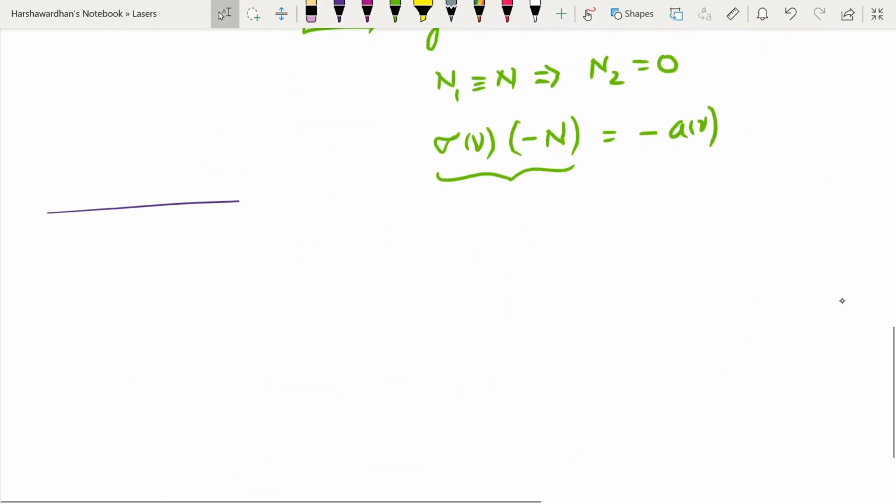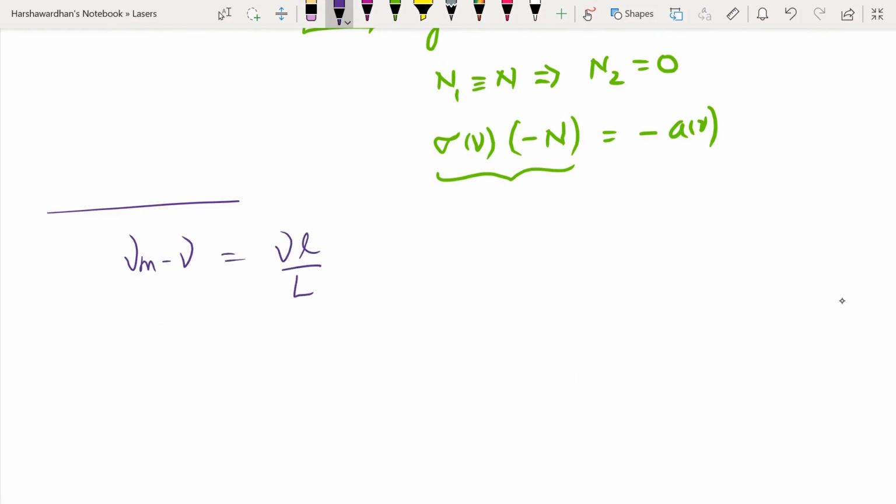So what I get is nu_m minus nu equals nu times small l by capital L times this expression of n of nu minus 1, which is minus lambda_21, which is the resonant frequency associated with the atomic resonance or the active medium.